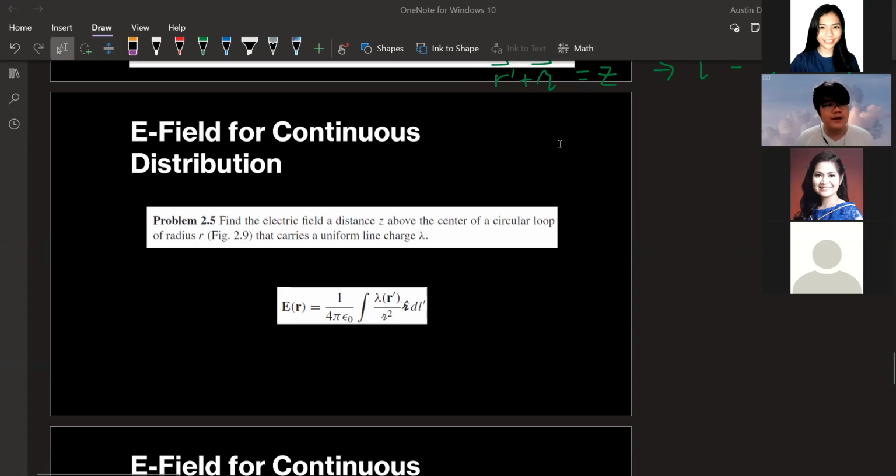Let's draw the figure. So x, I'll draw x. I'm bad at drawing. Okay, x hat, and then actually just x to be cute. And then the z hat is z.